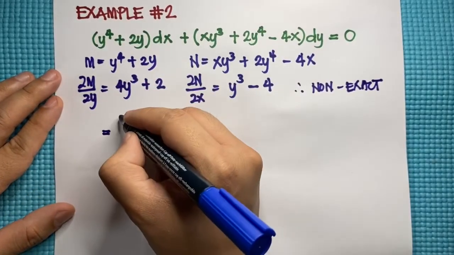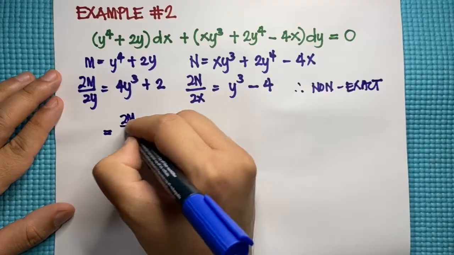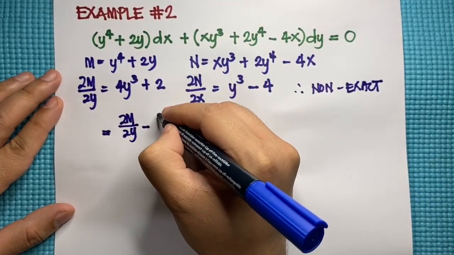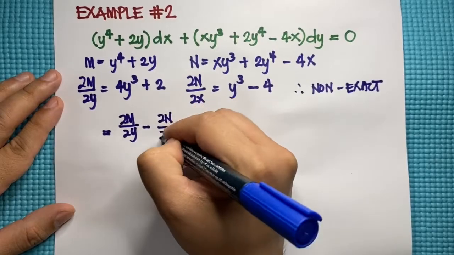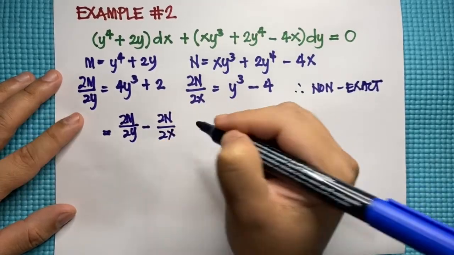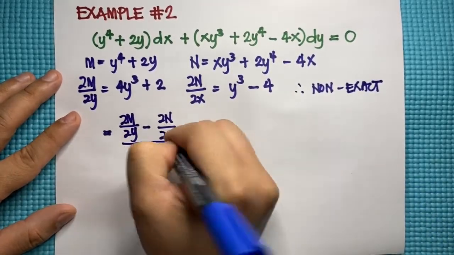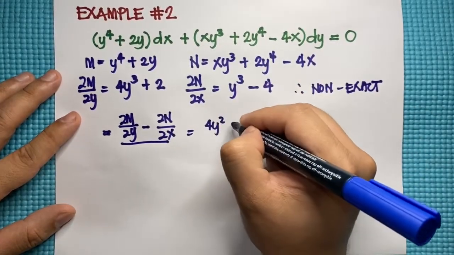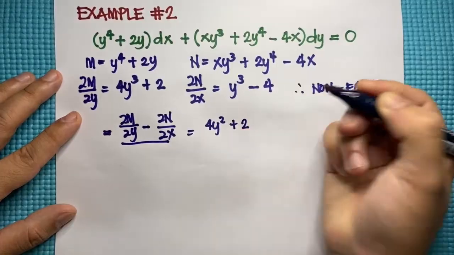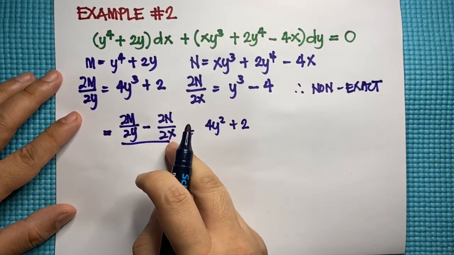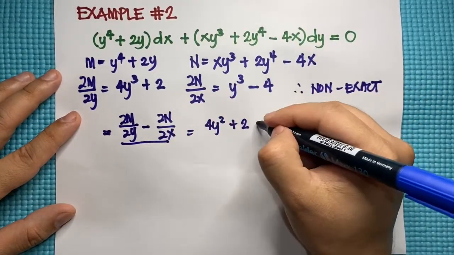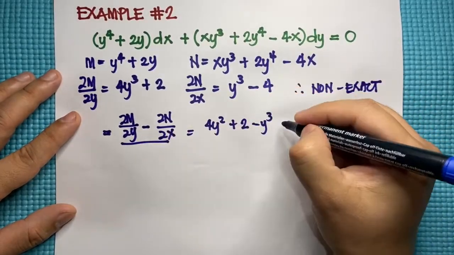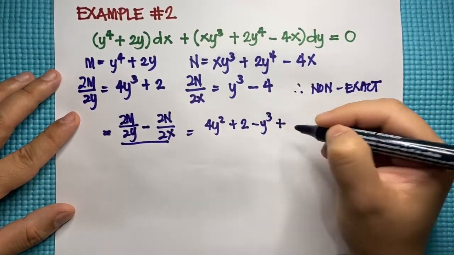So let's try to find the difference between the two partial derivatives, with respect to x, and that is equal to 4y cubed plus 2. Then this is minus, so negative y cubed, and negative, so giving me plus 4.